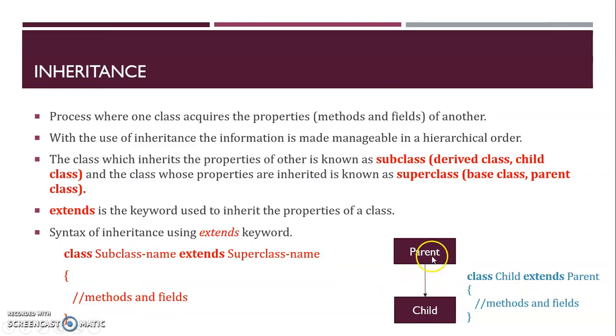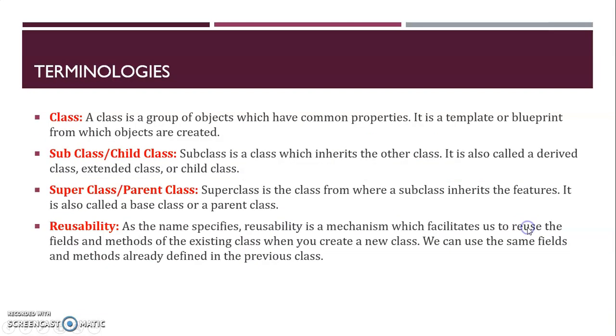For example, here you have parent as a superclass, child as a subclass, and the format is like this: class child extends parent, and inside the curly brackets you define the methods and fields of the child class. Through this statement, the child class gets the privilege for accessing the properties of the parent class.